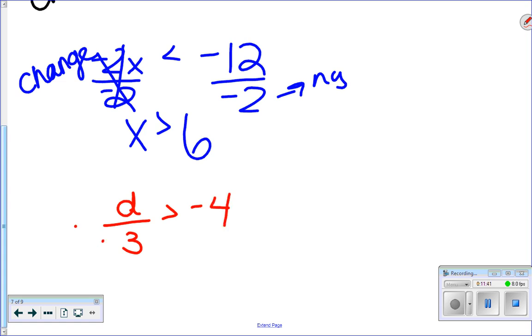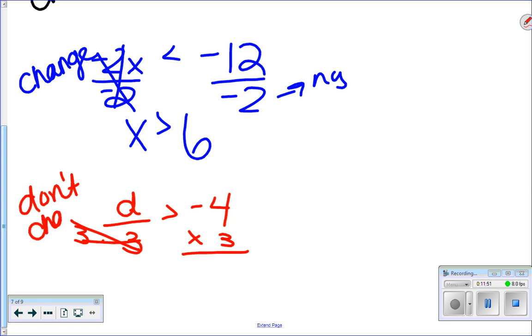So if I'm dividing by 3 here, am I dividing by a negative? No. So guess what? I don't change this one. Even though that 4 is negative, that 3 is not.